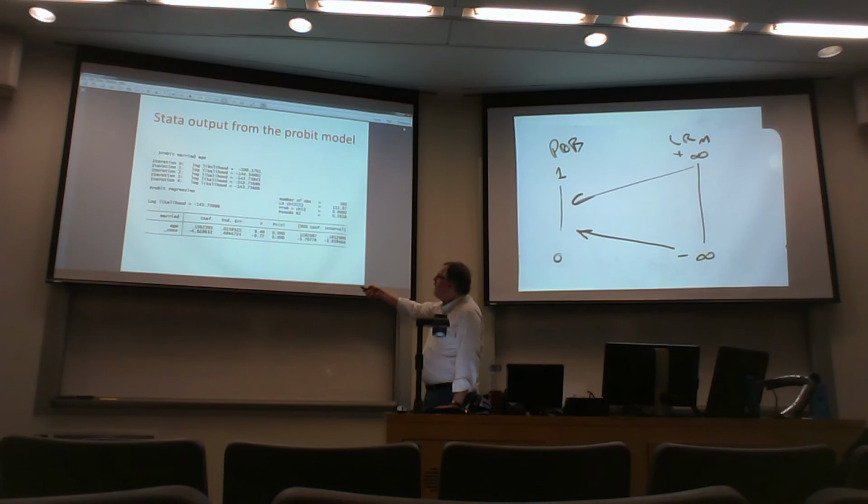This is part of that estimation process. You don't need to worry about it for this class. I have a link to a UCLA website, I think I already posted it to Blackboard, where they annotate the Probit Stata output. So if you're interested in the details of what some more of these things mean, that's there for you.